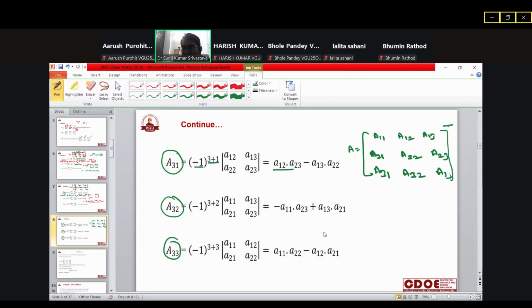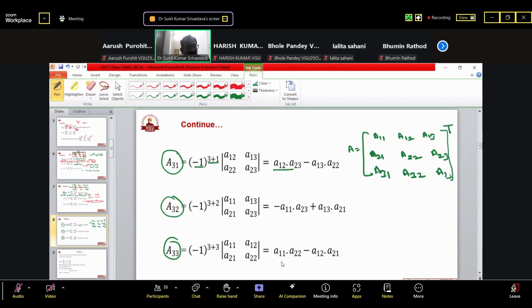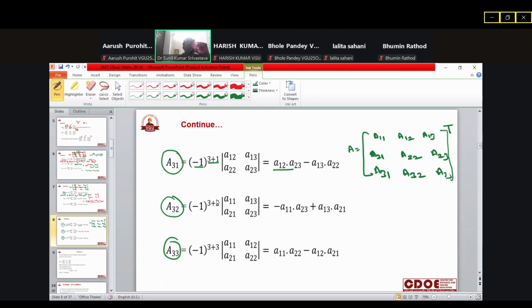And if you take the transpose of this one, this will give the adjoint related to the determinant of the given matrix.